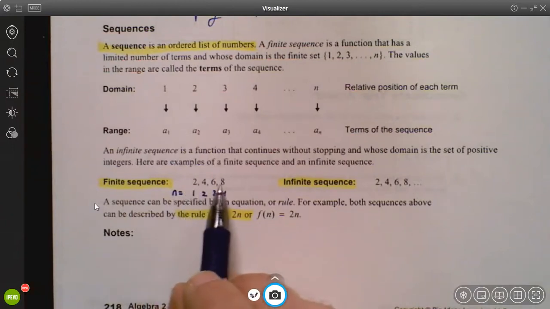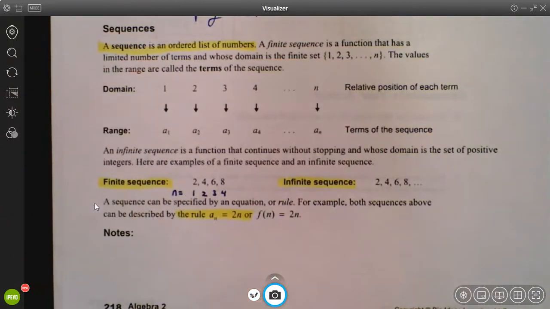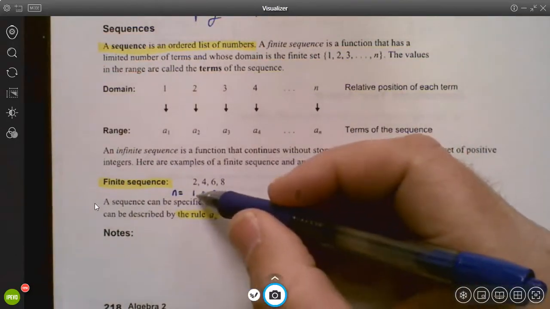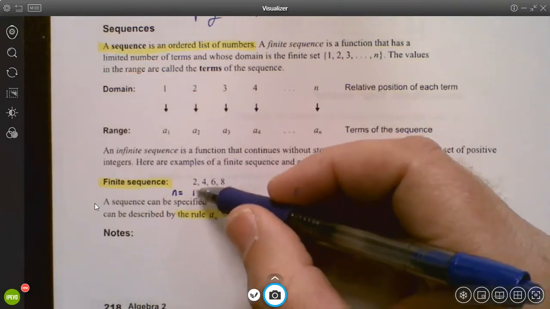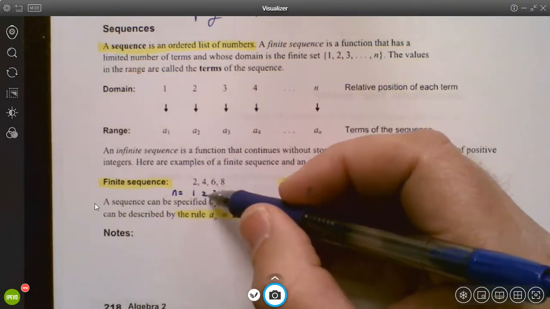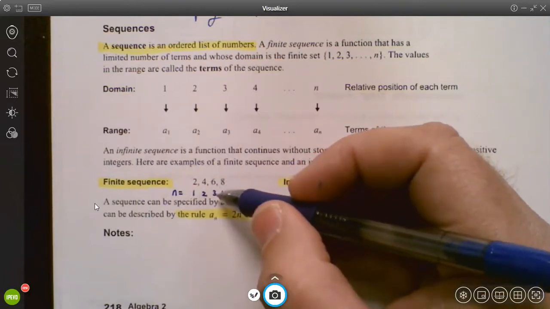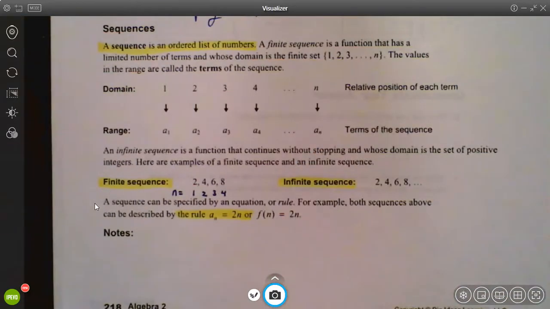Then as I look at the values of those terms, the way we really write a rule is by asking, what did you do to n in order to get this number? What did I do to 1 to get 2? What did I do to 2 to get 4? What did I do to 3 to get 6? What we're looking for is a common answer that would fit all of those terms.